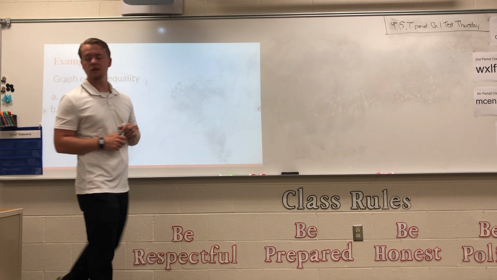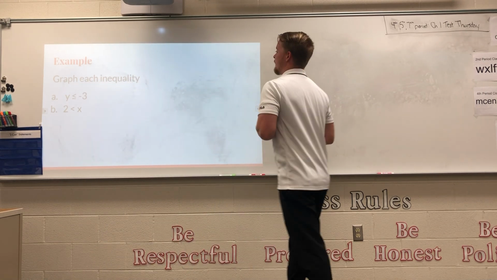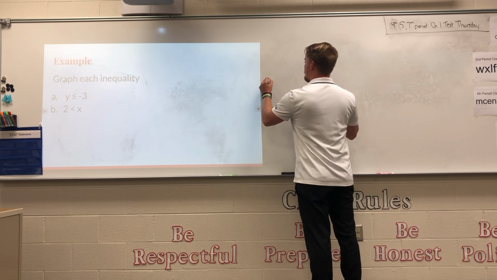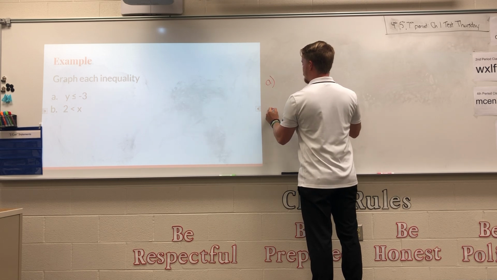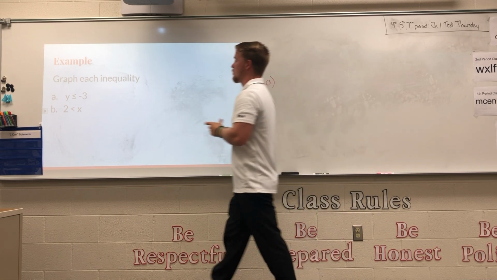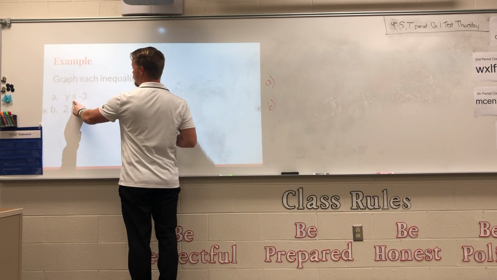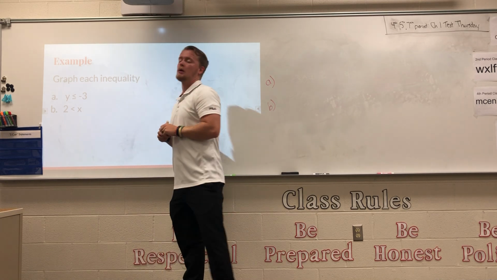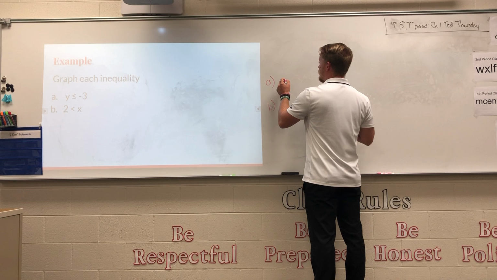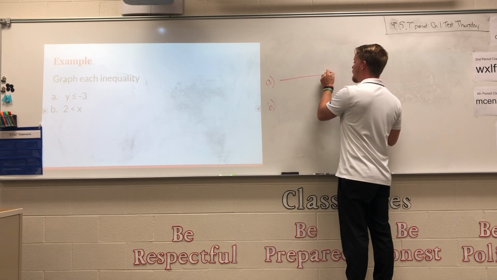It says graph each inequality. We have part A and part B. Part A is y is less than or equal to negative 3. Whenever you do this, you're just going to make your number line.